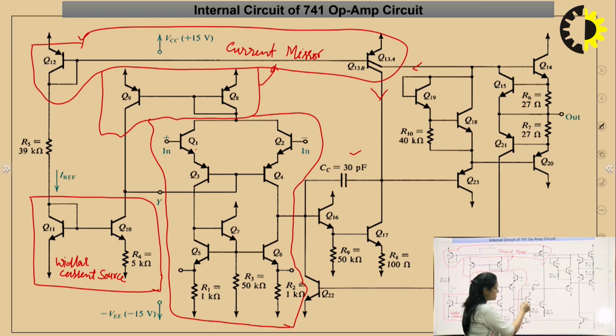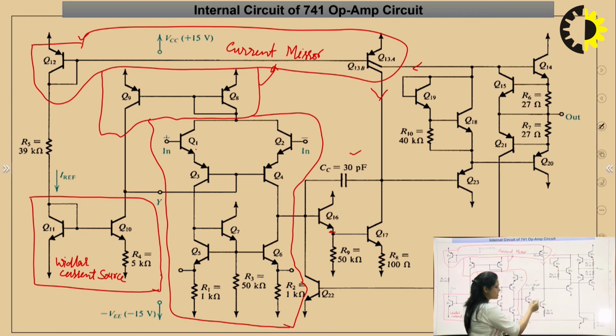This Q16 transistor is known as an emitter follower or common collector amplifier, because here we are taking output from the emitter node. This is the emitter of Q16. So, basically this is used to provide the perfect impedance matching between the two stages, input and the secondary stage. So, the use of Q16 is to provide impedance matching.